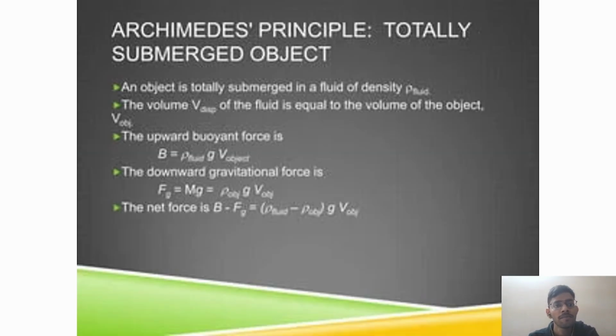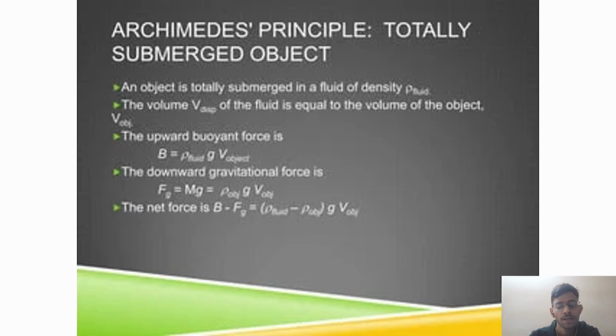Here is our main Archimedes principle, some theory base. It says that an object is totally submerged in a fluid of density rho fluid, and the volume V displacement of the fluid is equal to the volume of the object V. Then the upward buoyant force is B equal to rho fluid into acceleration due to gravity g into volume of the object.